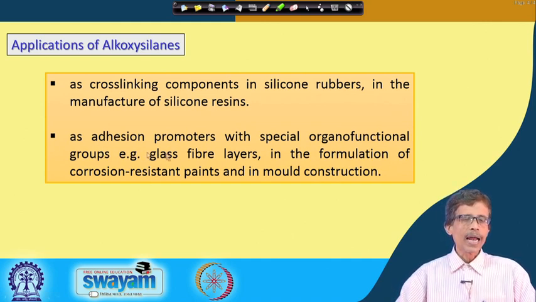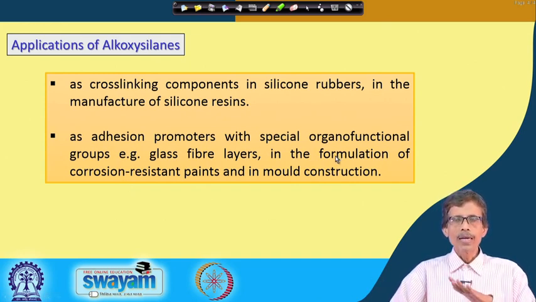It can also be used as adhesion promoters. The adhesives and the adhesion nature can be improved with the use of these molecules as promoters with special organofunctional groups. That means we use it in glass fiber layers, where the glass fiber can be layered within the glass sheets.